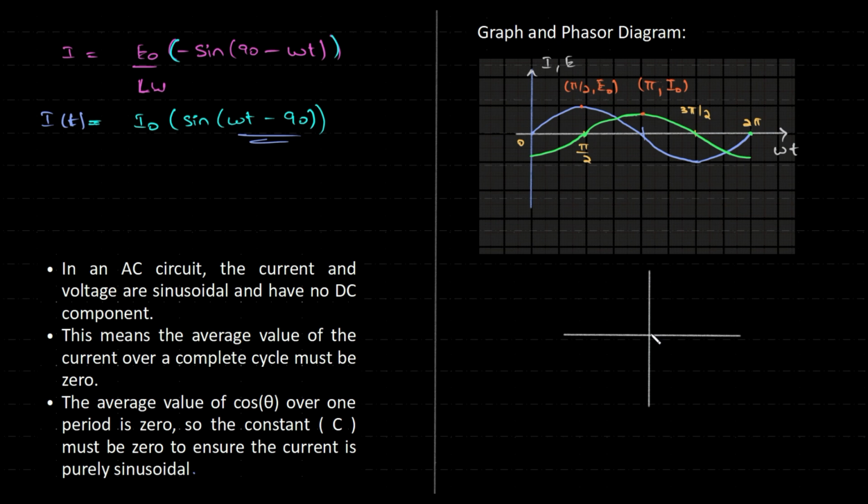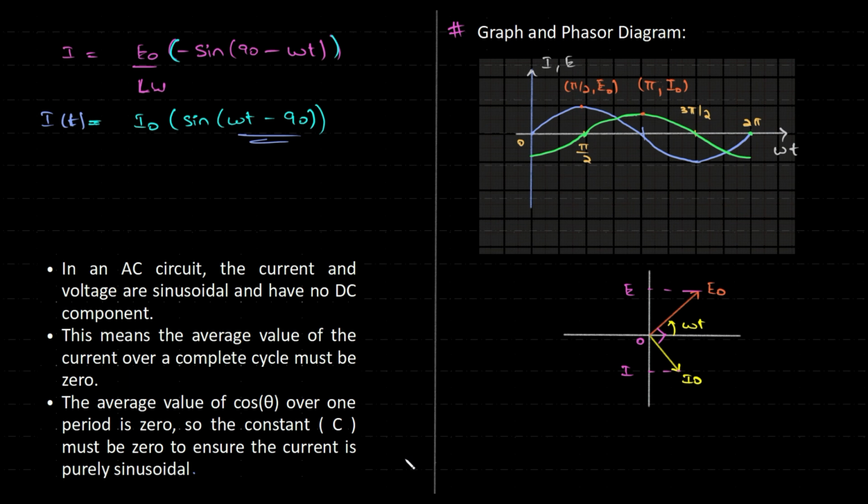If the voltage is somewhere over here, that's our E naught, then at a difference of pi by 2 is your I naught. Say this is omega t, and the current will be lagging behind, omega t minus 90. So this is the entire funda, guys. This point is your instantaneous voltage E, and that's your current. That's your origin.